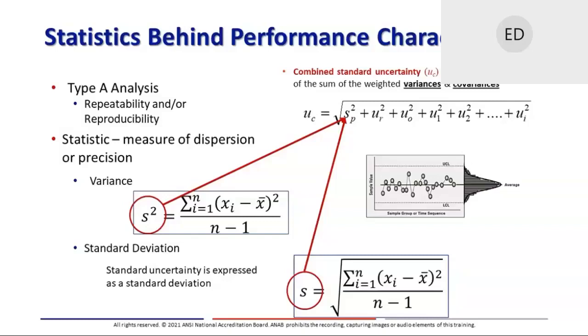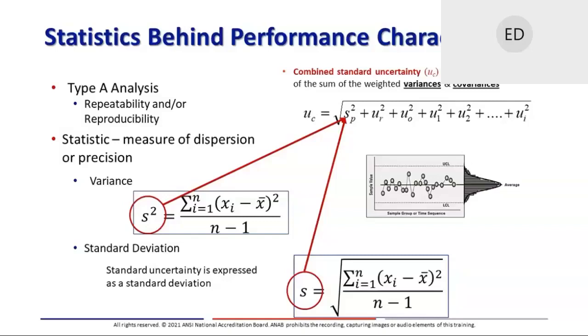So when you're estimating an uncertainty of measurement, it's really the standard deviation that gets expressed, and the standard deviation that is expressed is taken to be the standard uncertainty that gets plugged into the root sum square equation. So this is the S, or the standard deviation, that goes into the root sum square equation, which is shown here in the upper right-hand side of the slide as the combined uncertainty, which equals the positive square root of the sum of the weighted variances and covariances.